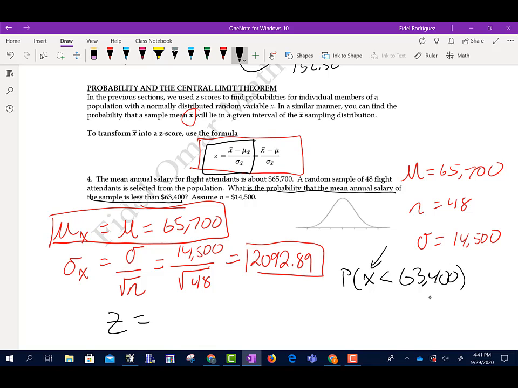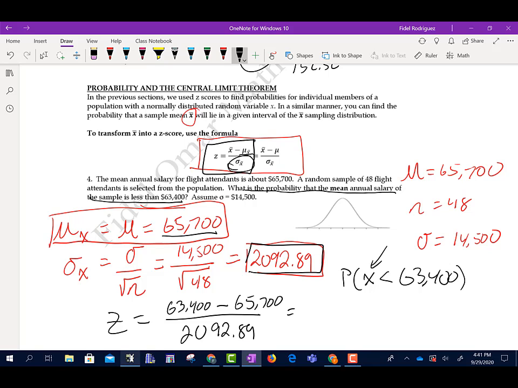I take 63,400, subtract our mu of x, which was 65,700, and divide by the standard deviation of our sample means, which we found to be 2,092.89.